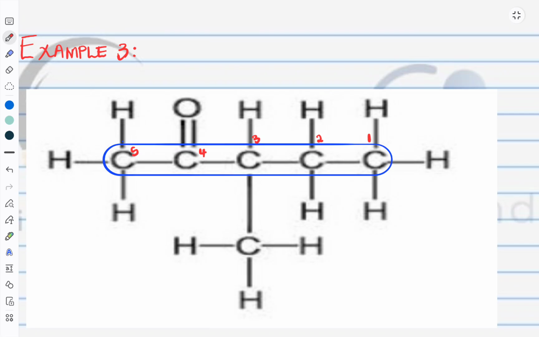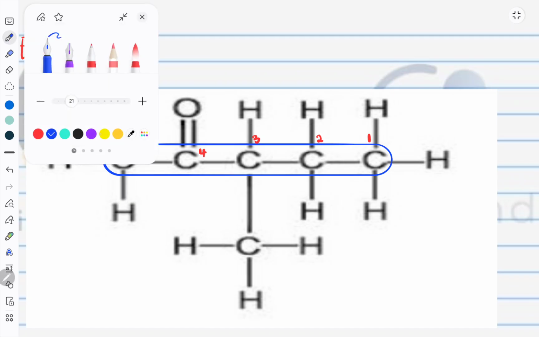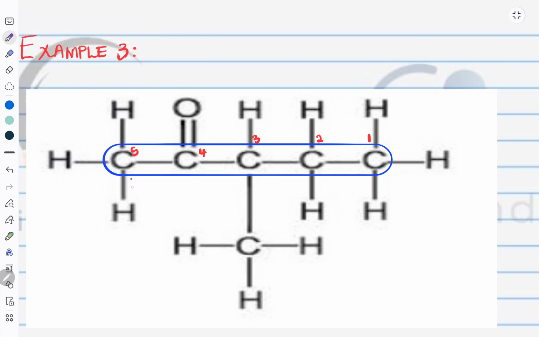So that carbon to oxygen double bond is on location number 4, and this chain has exactly 5 carbon atoms, right? Which is what? Pent. Now if we number from left to right instead, we'll get 1, 2, 3, 4, and then 5.